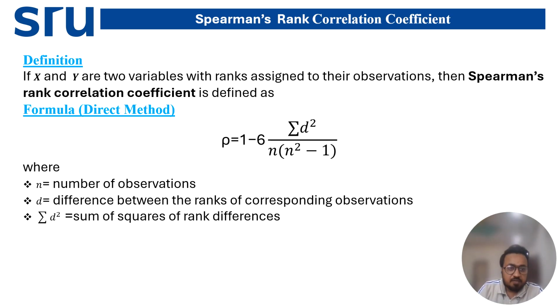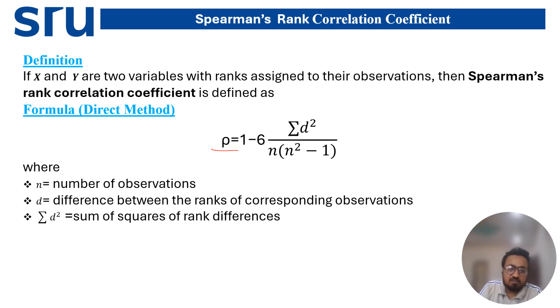Here we define the Spearman rank correlation coefficient, which is denoted by rho. If x and y are two variables with ranks assigned to their observations, then the Spearman rank correlation coefficient is defined as rho equal to 1 minus 6 summation d square divided by n into n square minus 1.